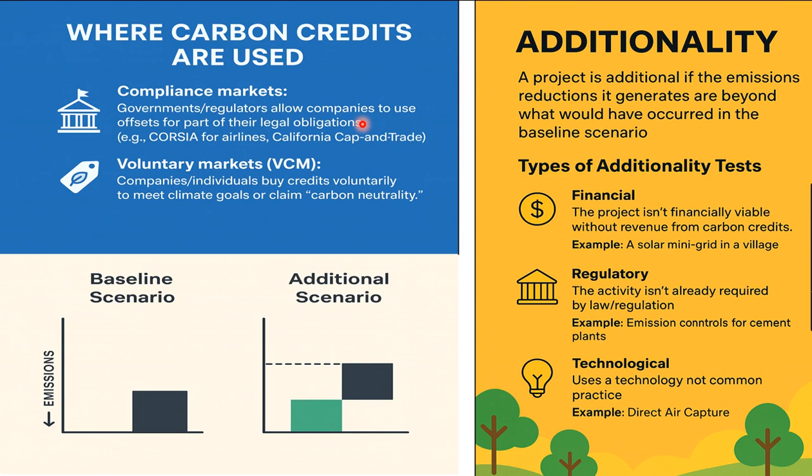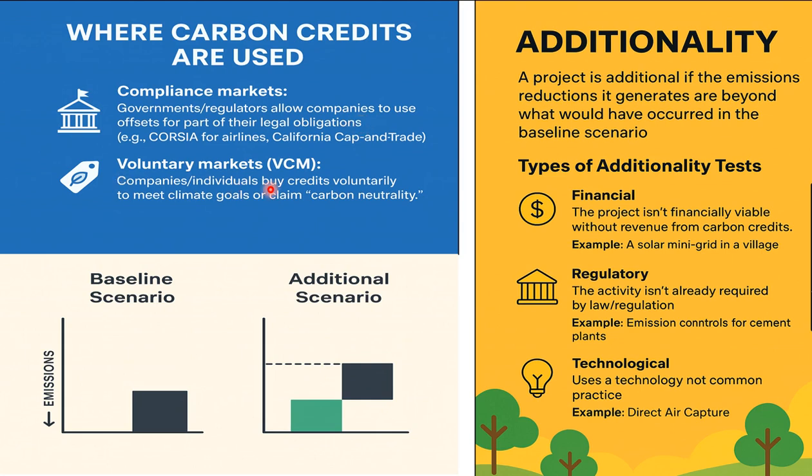What government says is, for a particular year, we will give you a quota of emissions, say X tons of carbon dioxide equivalent, which means you can emit up to this level. But if your emissions at the end of the year are more than this level, then you have to purchase carbon credits from other entities. That's the compliance. If you don't do that, there will be penalties.